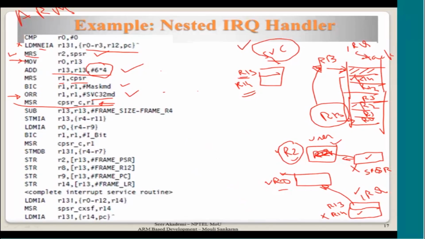Keep in mind that we are now in SVC mode. I am constructing a stack. Whose stack? The SVC stack.